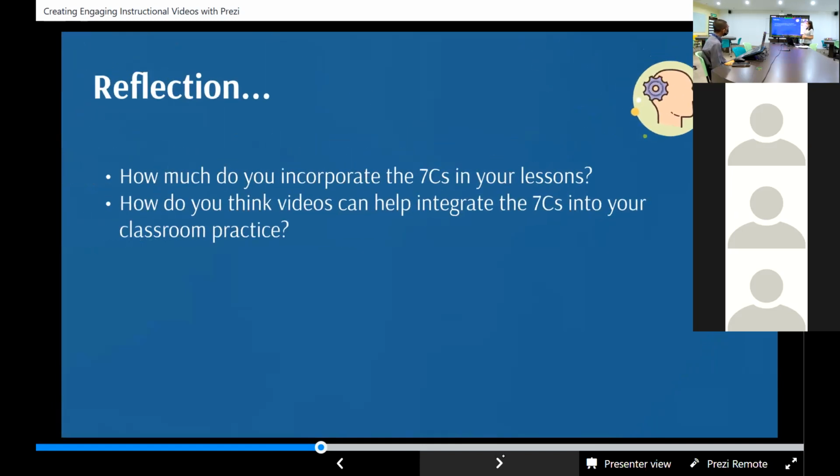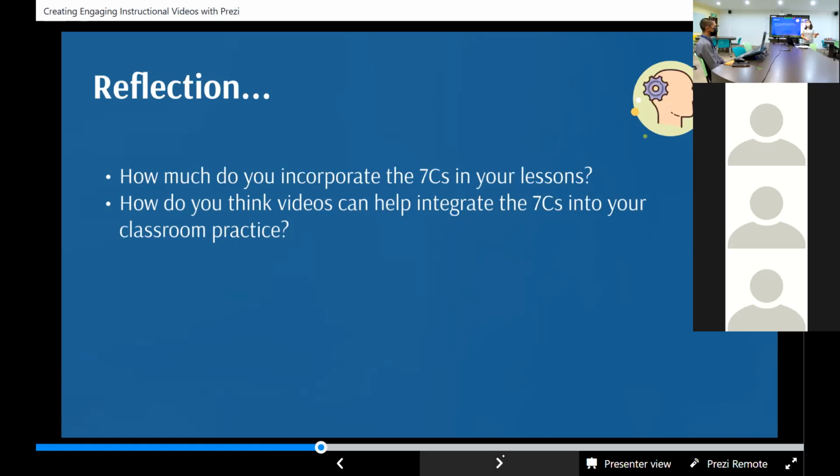Now, time for reflection again. I'd like you to think about how much you incorporate the 7 C's in your lessons. Like I said, so far I have not encountered any one particular lesson or course that can have all 7 C's, unless you are teaching a course on social responsibility.